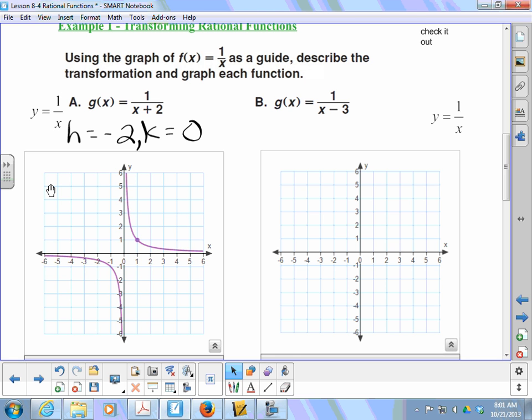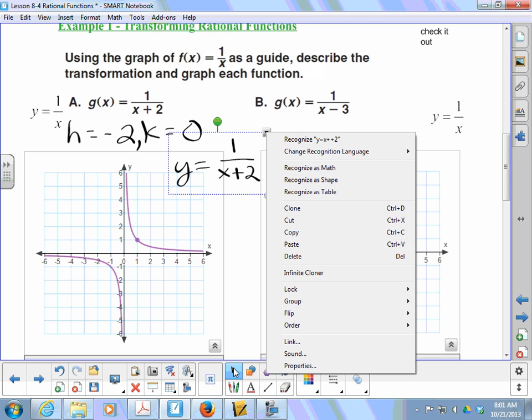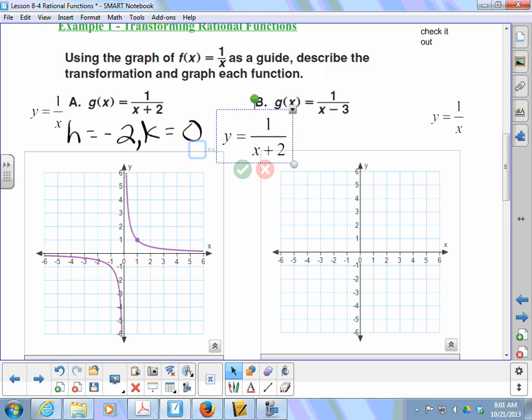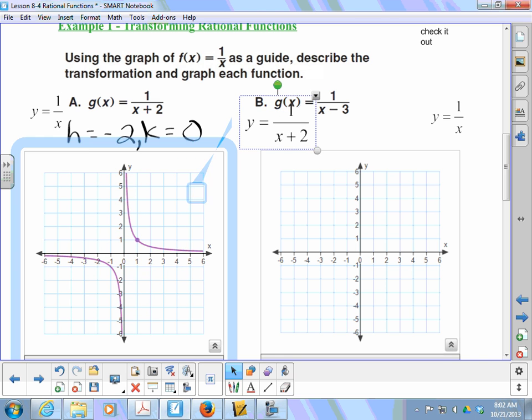So that new one's going to be, let's see if I can do it. Oh, come on. Here we go. There we go. So it's going to be shifted 2 units to the left.